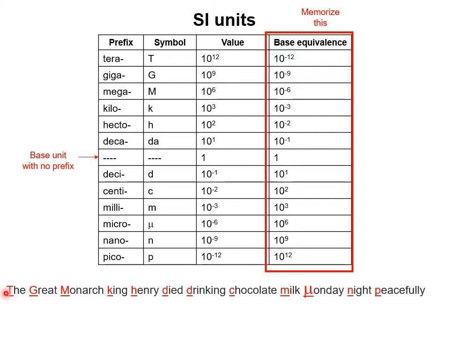And I highlighted in red each of the first letters, and the first letter is the first letter of the prefix. So it starts off at -12 and it ends at +12. Initially, they increase by the power of 3 and then by the power of 1.